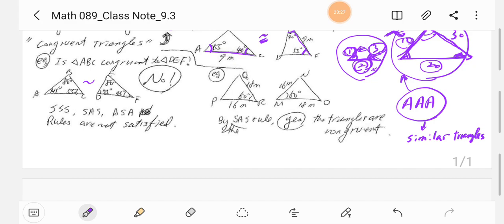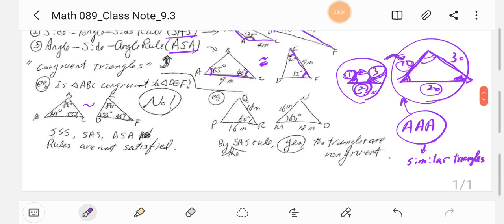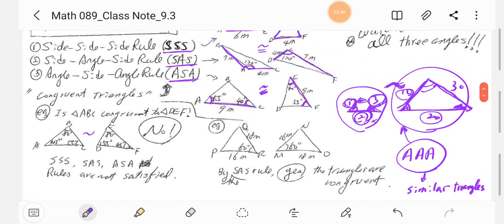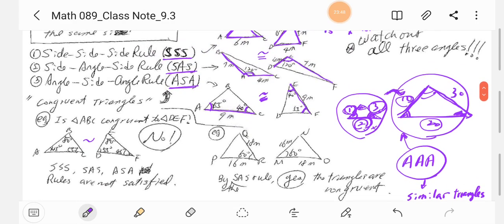Corresponding angles are the same. AAA, that is similar triangle. So this one does not satisfy SSS, SAS, ASA, right? These properties are not satisfied, so this is not congruent.